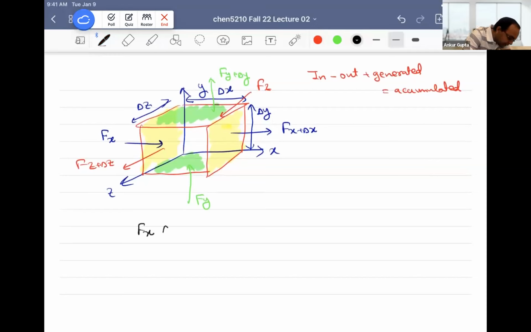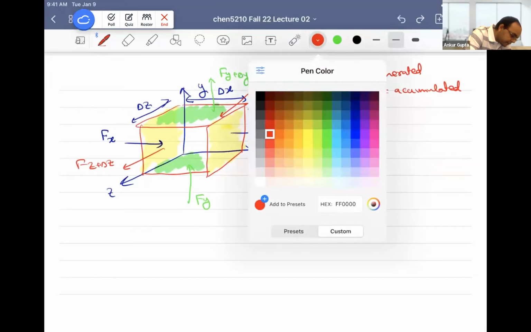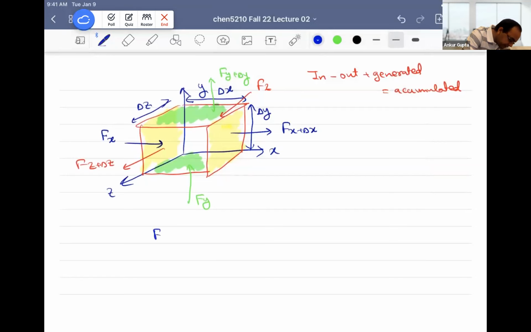So we'll have fx delta y delta z, that is in, minus fx at x plus delta x, delta y delta z. This is out.